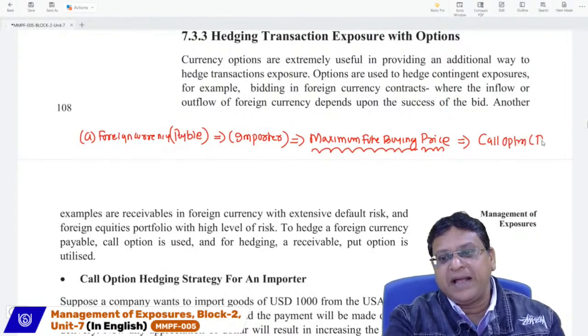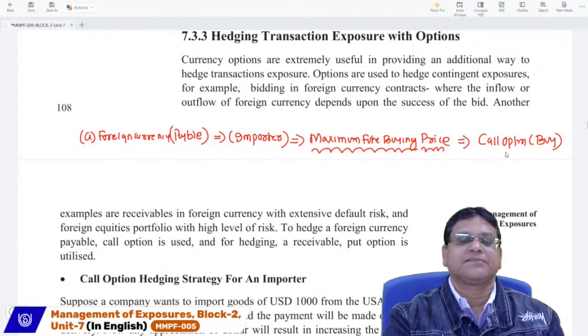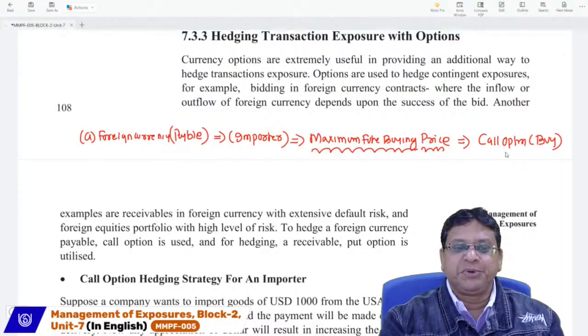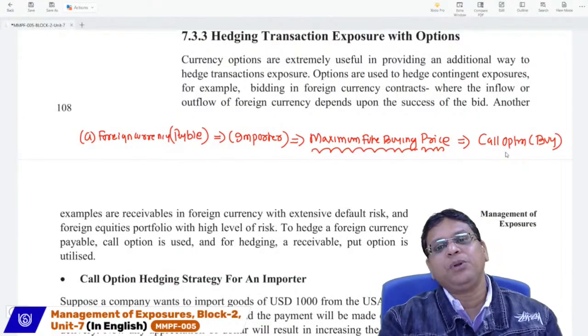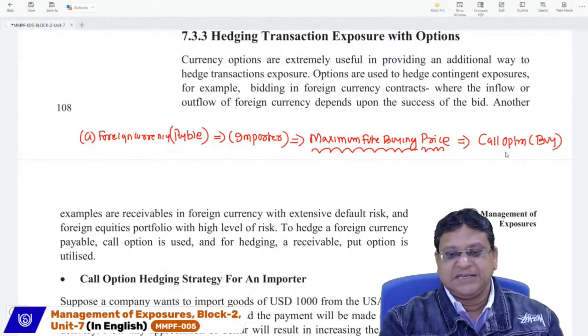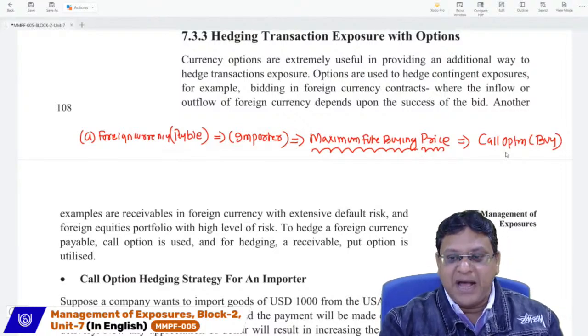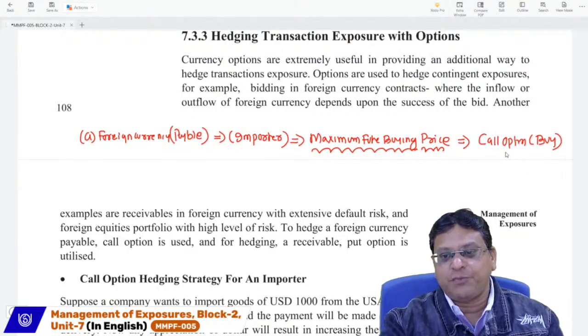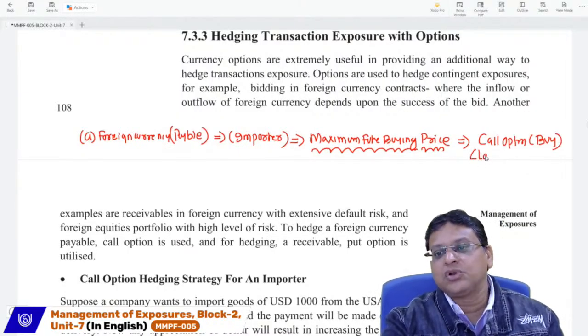So you will buy call option. If you are importer or if you have foreign currency payable, you want to fix the maximum future buying price, you can buy call option for that. Or you can adopt long call strategy.